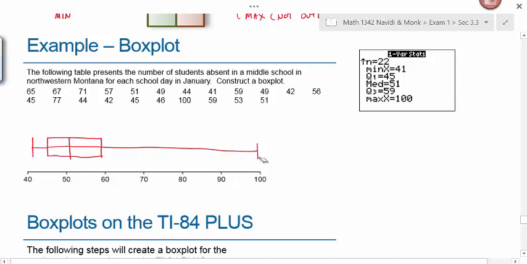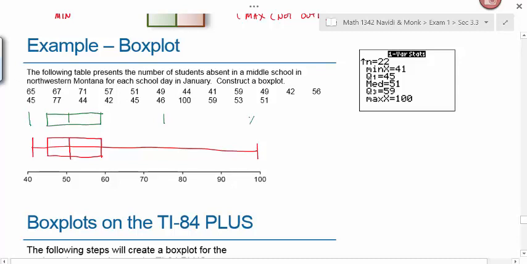If you want to do a modified box plot, you look for the next biggest value other than 100, and what would that be? It'd be what? 77? If we did a modified box plot, these numbers would be the same, but our maximum value would be 77, which is going to be about right here.